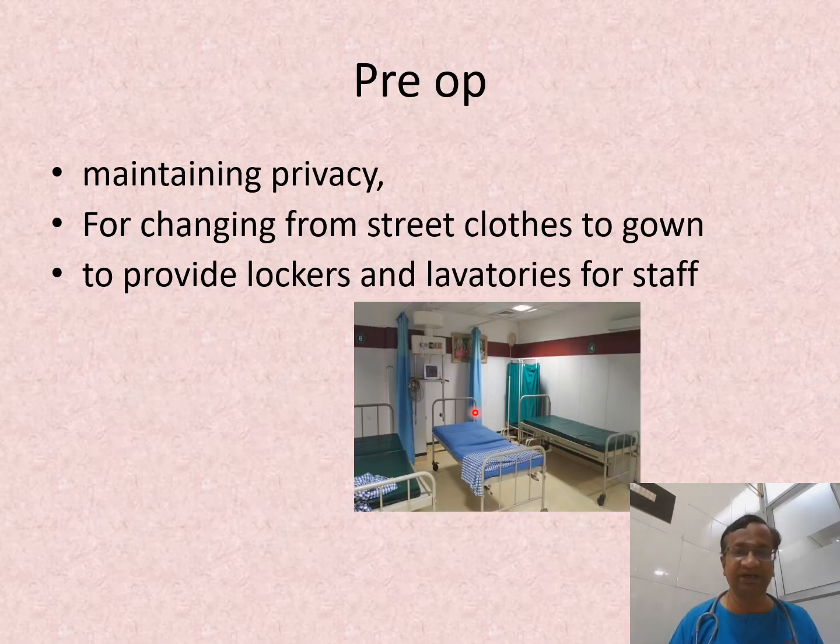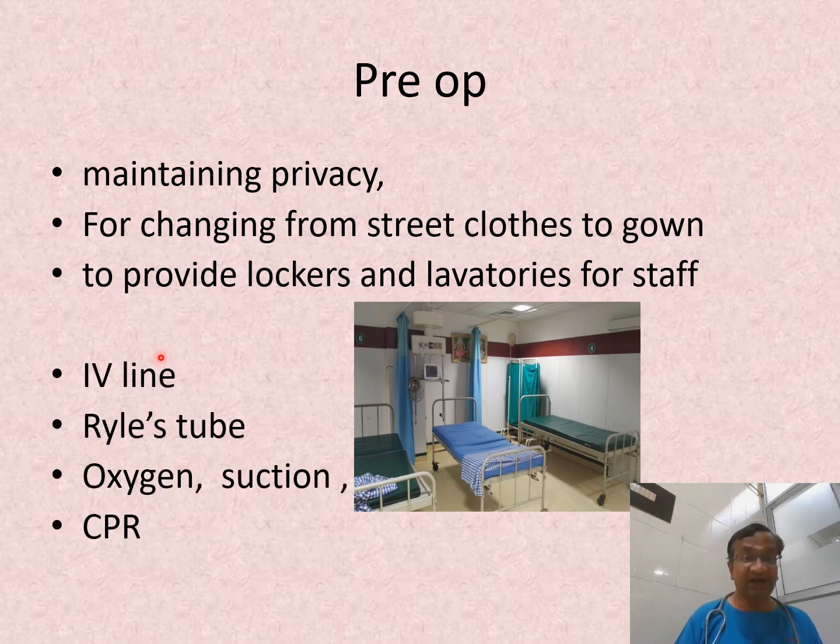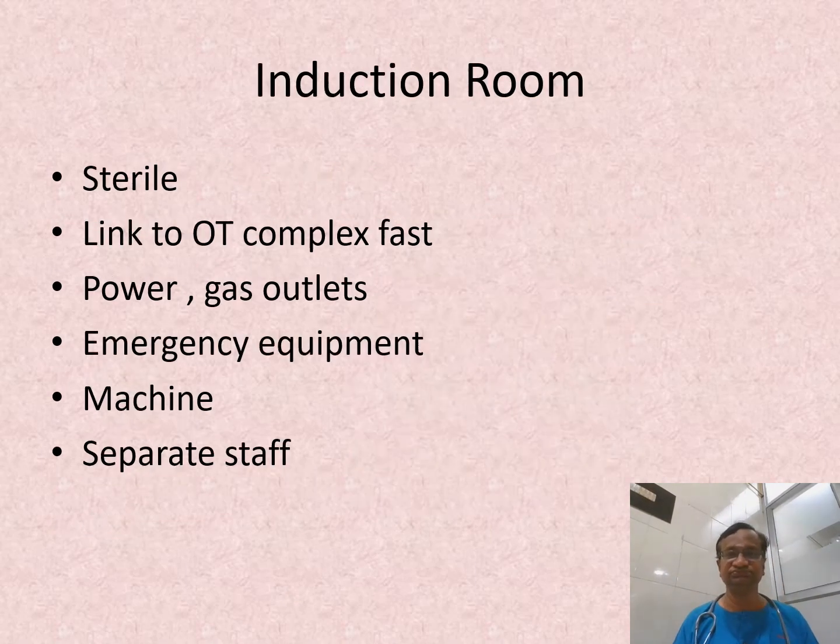Now you see, this is the pre-op. You have to maintain privacy. We have to sometimes go from street clothes to gown, maybe providing lockers and laboratories to staff. You may need to take an IV line. You may need to take a urinary catheter sometimes. We should have facility for oxygen, suction, all these things, even CPR. So this is what is pre-op.